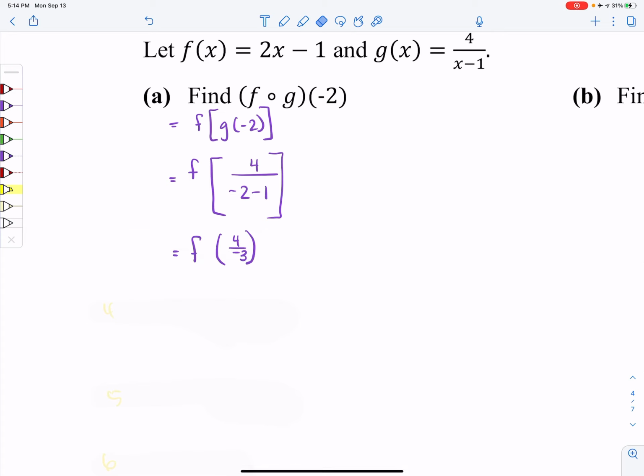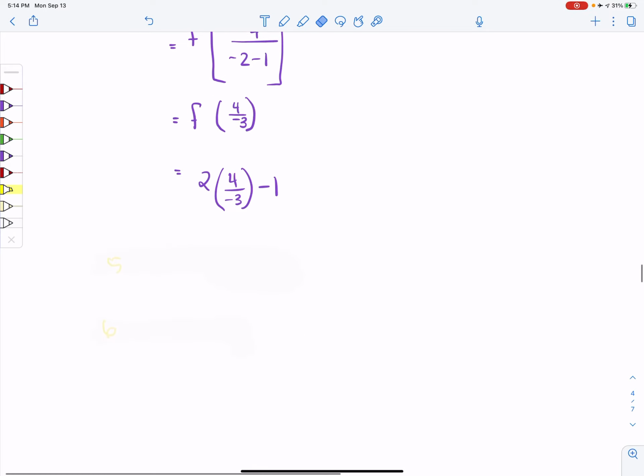So now I'm going to go to the F function and find F of -4/3. So we're going up to the F function, and for each X, we're going to substitute -4/3. So you have a 2 times X, but instead of X, we're going to write down -4/3 minus 1.